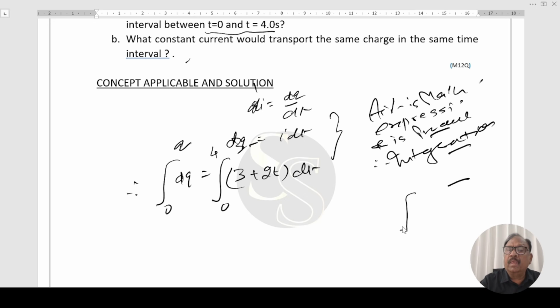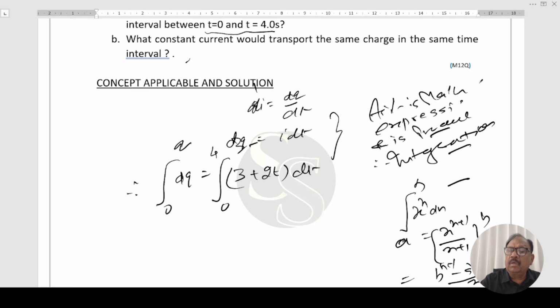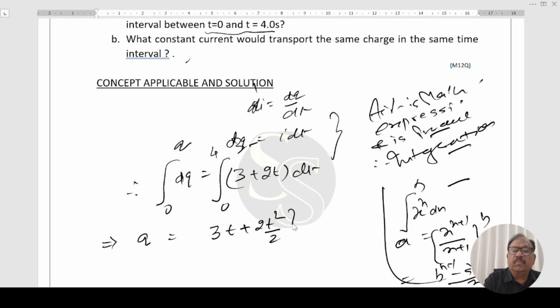You know the formula: integral from a to b of x to the power n dx equal to x to the power n plus 1 divided by n plus 1, upper limit minus lower limit, that is b to the power n plus 1 minus a to the power n plus 1 divided by n plus 1. This is applicable here. So this comes out to be q equal to 3t plus 2t square by 2, from 0 to 4.